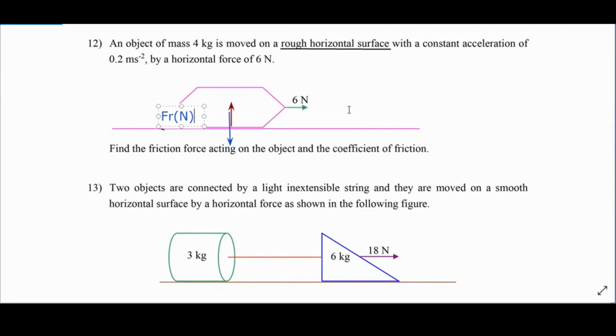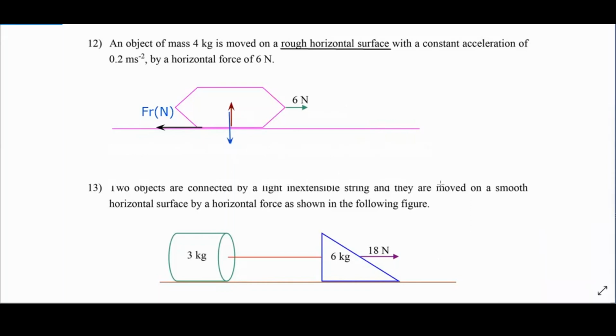I think you are able to see the board clearly, right? Then the weight of the object should also be marked. Weight of the object is mg Newton.